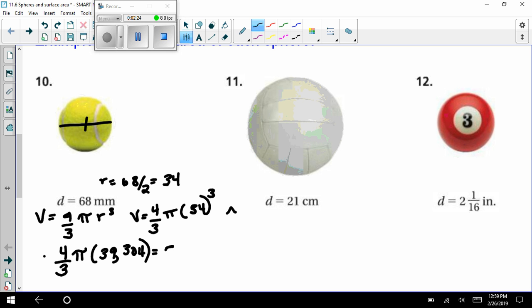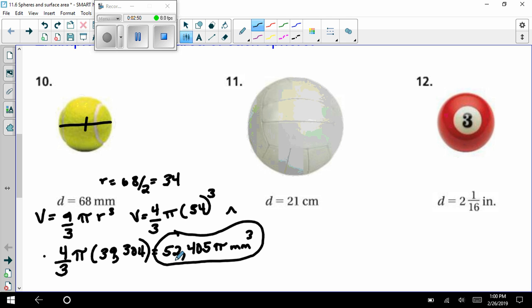I should get 52,405 pi, and our units were millimeters, so it is millimeters cubed. All right, so there's my answer, 52,405 pi millimeters cubed.